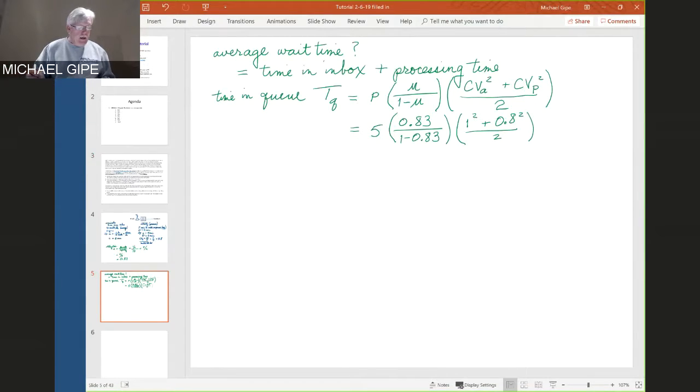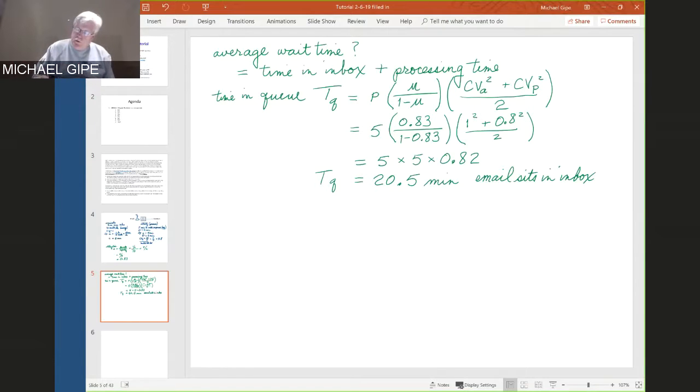And if you plug that into the calculator, you get 5 times 5 times 0.82, which works out to 20.5 minutes. And this is how long the email sits in the inbox on average.